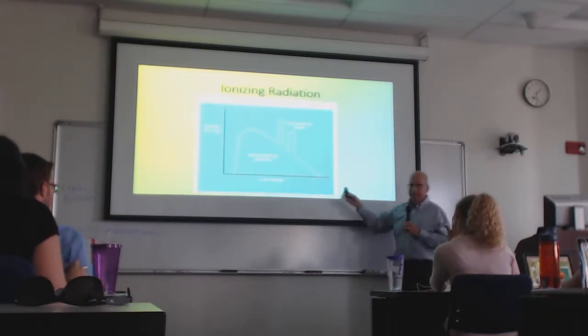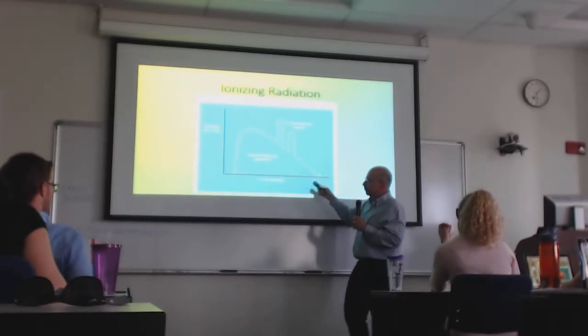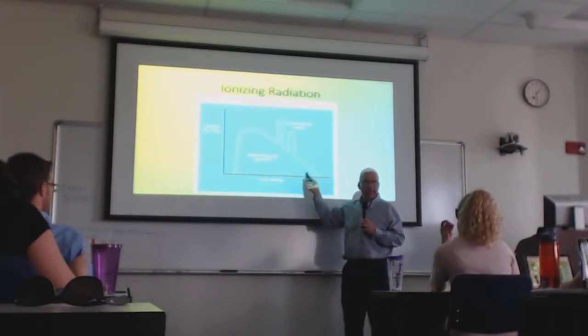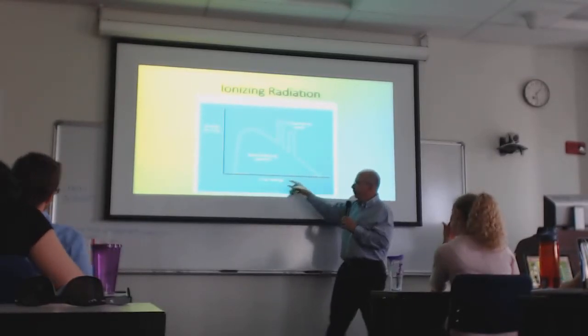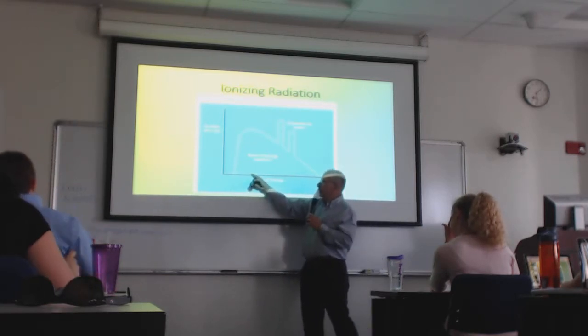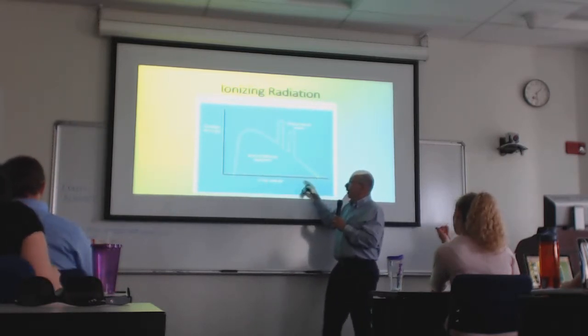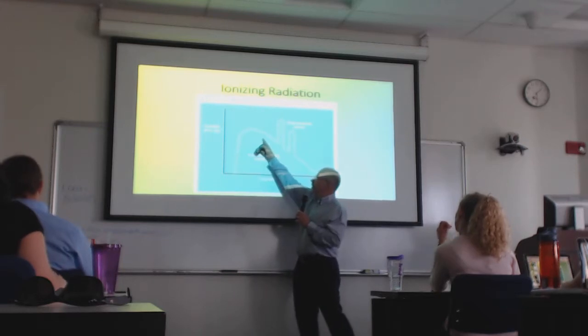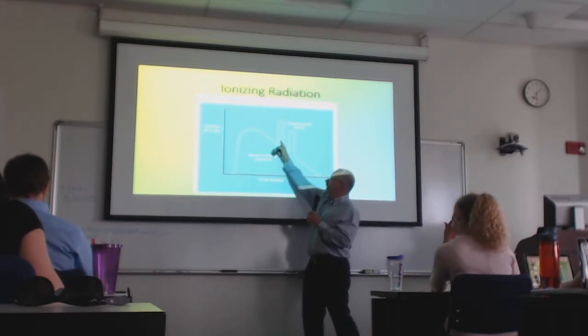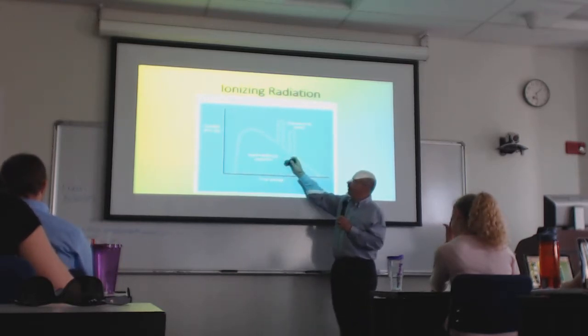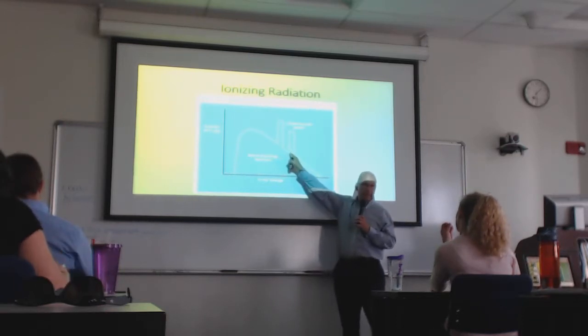So the spectrum of a tungsten-created X-ray would be, here are all the energies being created. If you were to graph them, you'd get this graph, and then you'd get these two peaks, which are the peaks of the characteristic radiation for tungsten.